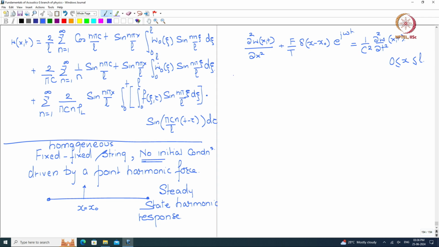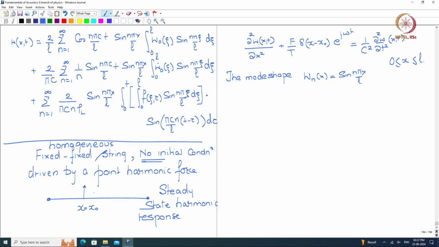So now what we have here is the mode shape, given by w n of x is sine n pi x over L. This is the mode shape. Why?